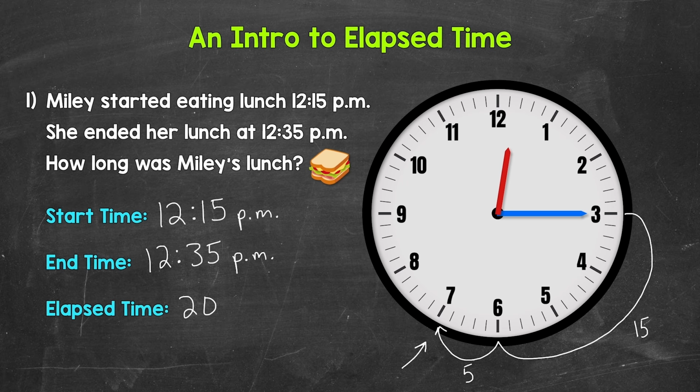So our elapsed time here, 20 minutes. So, a few different strategies there, a few different ways to think through this. Now, if you're just starting out, feel free to just count by fives to make things simple, and you can work your way up to other strategies. Use what works best for you. Let's move on to number 2.